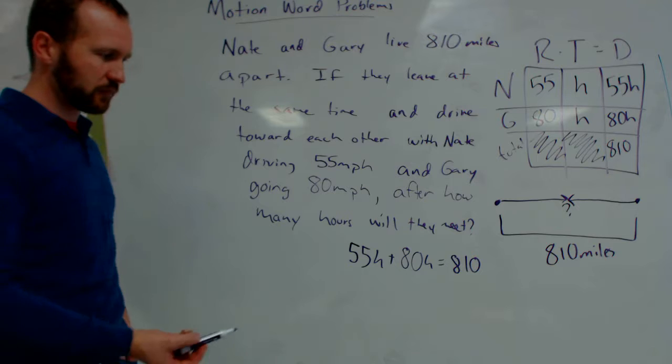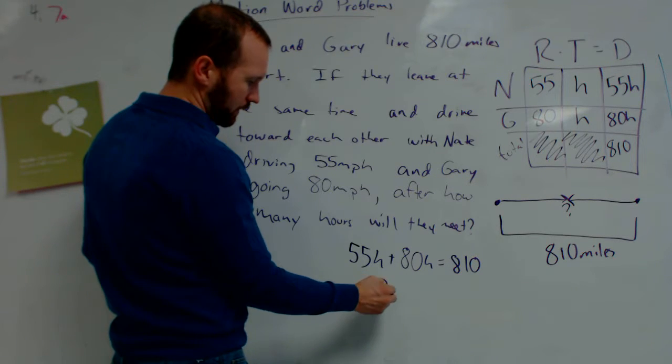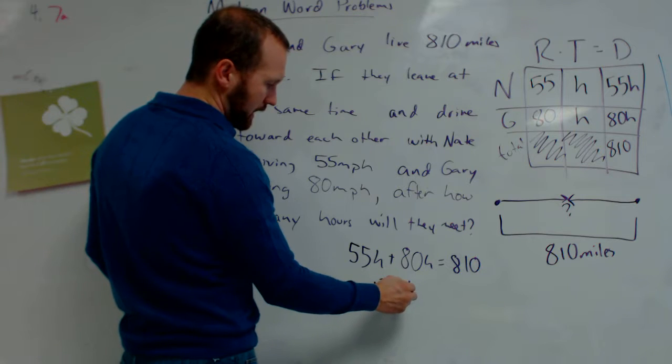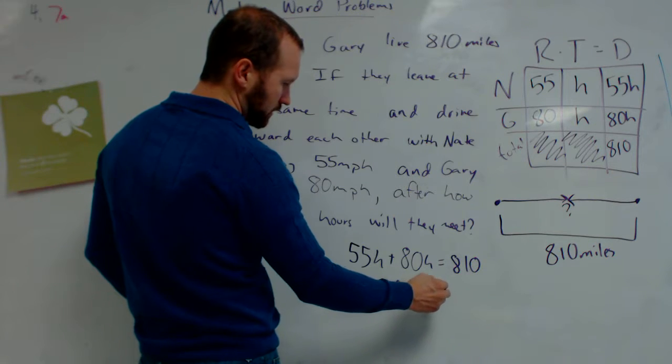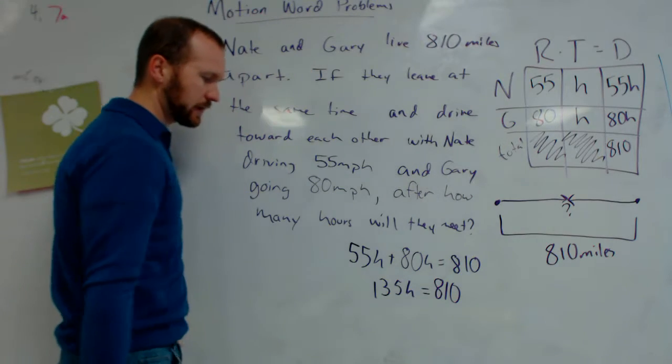Okay, what does that give me? If I add those up, 135H has to equal 810.